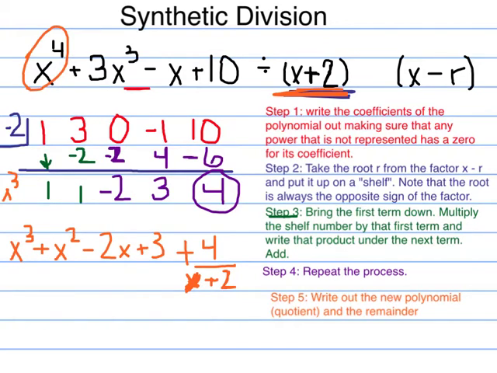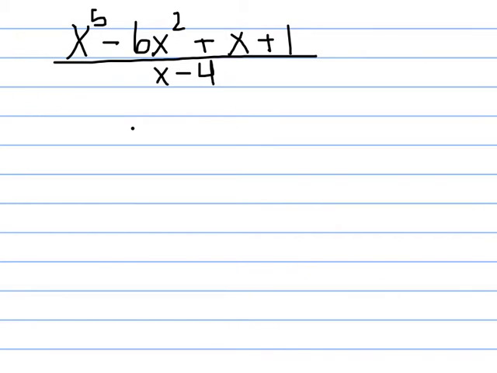Let's take a look at one more problem. Alright, so I have the equation x to the 5th minus 6x squared plus x plus 1. Notice that I don't have an x to the 4th or an x cubed. So let's go ahead and write out the polynomial first.